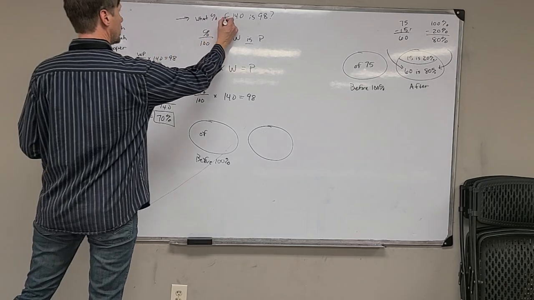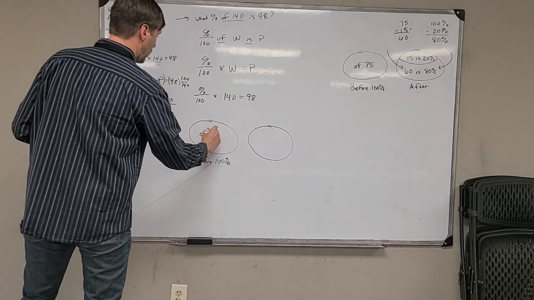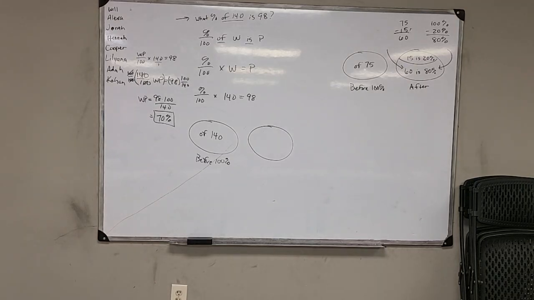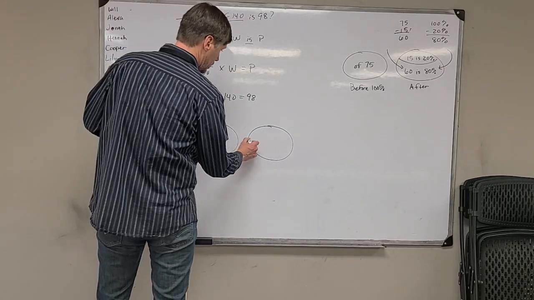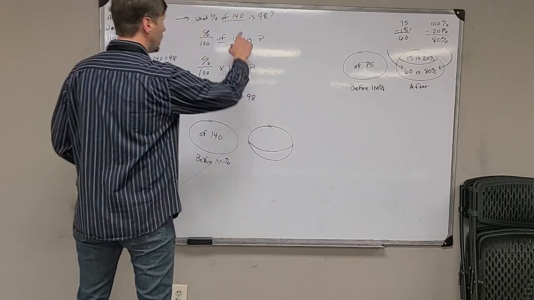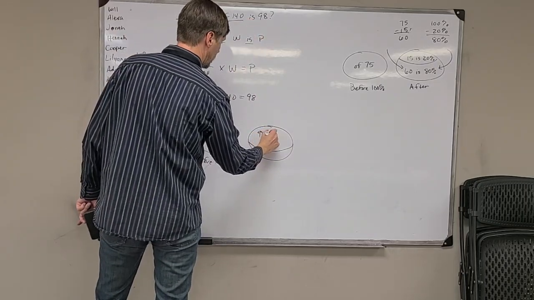Is that what it says up here? Is the of in front of the 98? Oh, 140. 140, right? Of 140. So the 100% part is of 140. And then 70% of that, I'm going to make this part bigger and say that 98 is 70%.